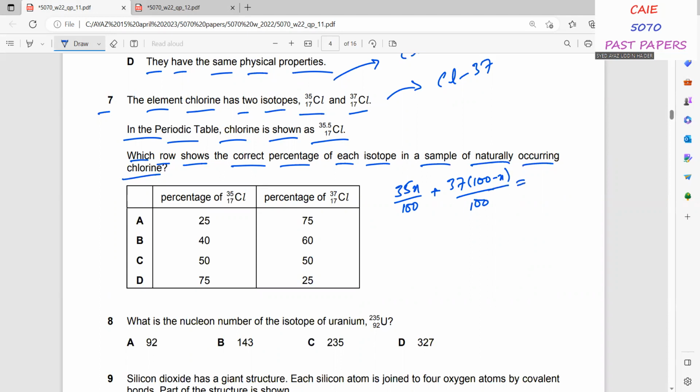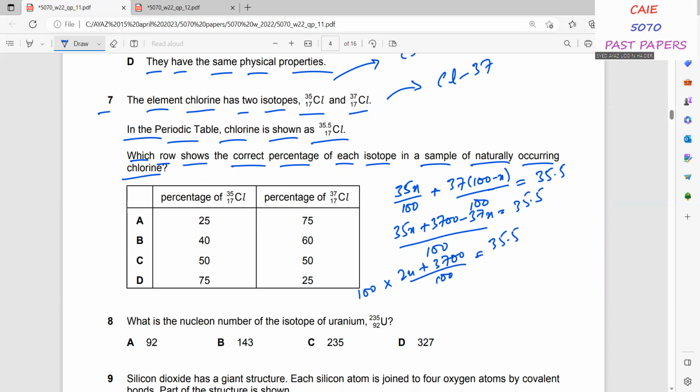The mass is given, that is 35.5. Now solve it. We take the LCM, 100: 35X plus 37 times (100 minus X) is equal to 35.5. Further solving, we get 2X plus 3700 divided by 100 is equal to 35.5.